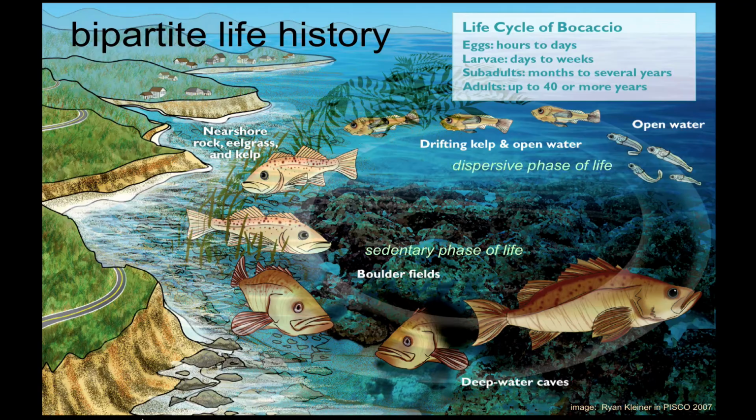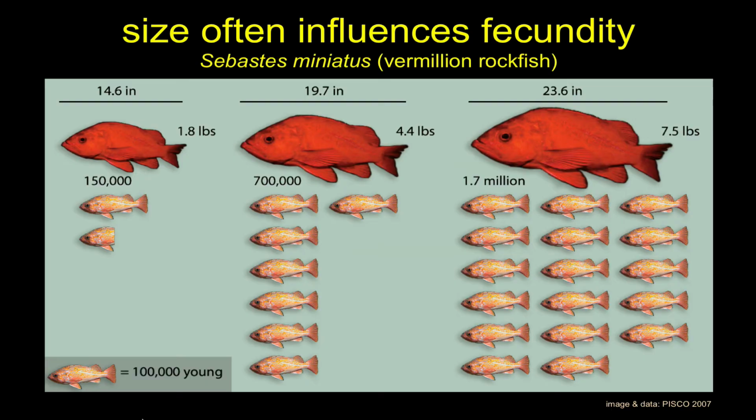Again, we have the sedentary phase and this more dispersive phase. That's the first thing. Second thing, size with fish, and we're oftentimes talking about fish, but not just fish, size often has a strong influence on fecundity.